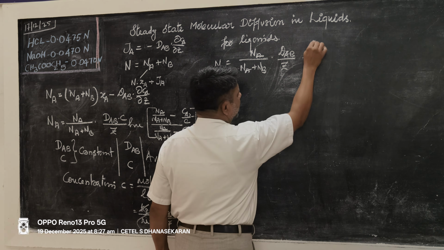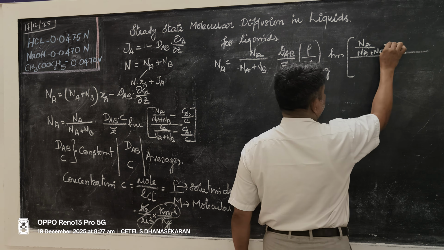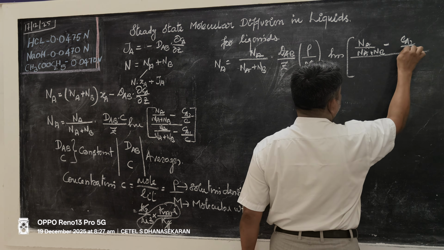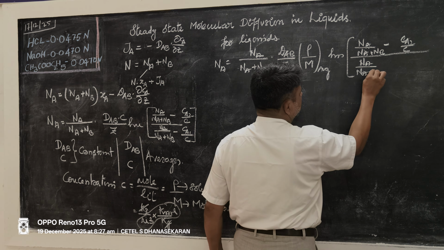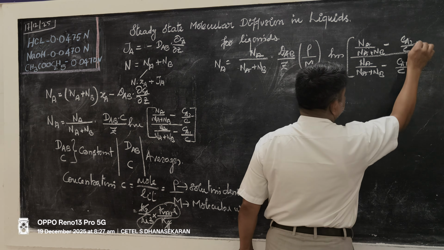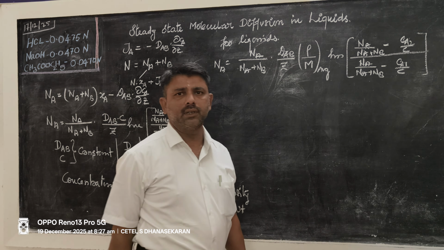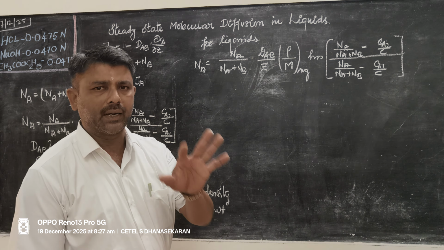Next, ln of [NA divided by (NA plus NB) minus CA2 divided by C] and [NA divided by (NA plus NB) minus CA1 divided by C]. This is the expression to estimate flux of a component in liquids.